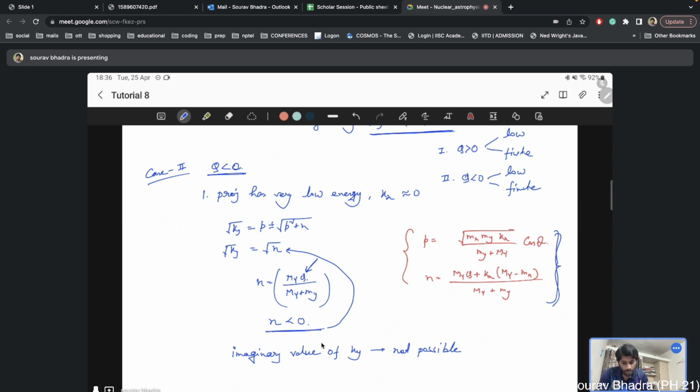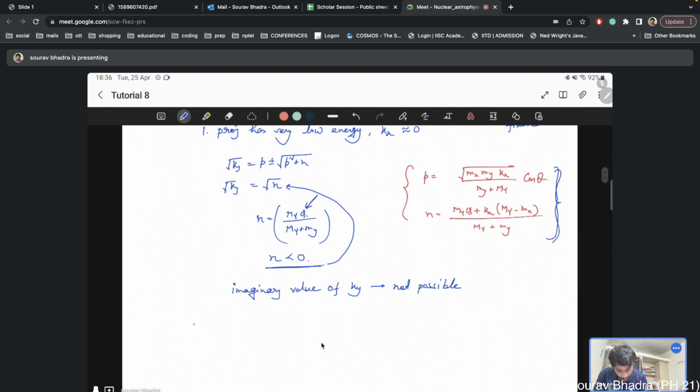Okay, so understand it very well. If your q value is less than 0 for an equation and the kinetic energy of the projectile is close to 0, then the reaction is not possible. It is not possible, right?